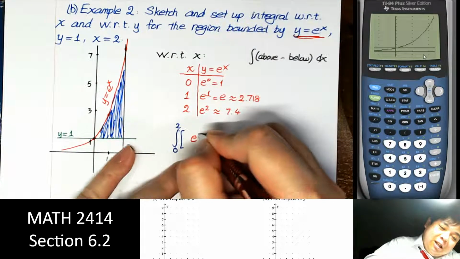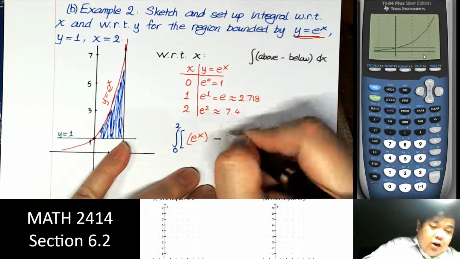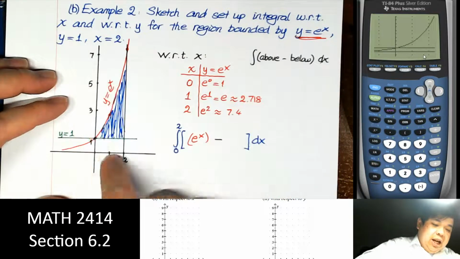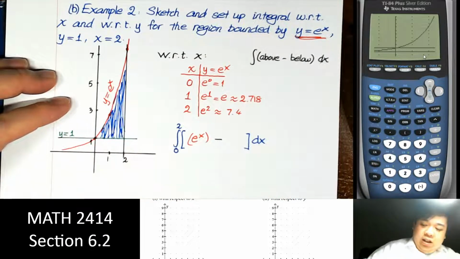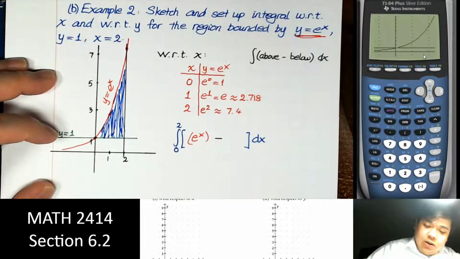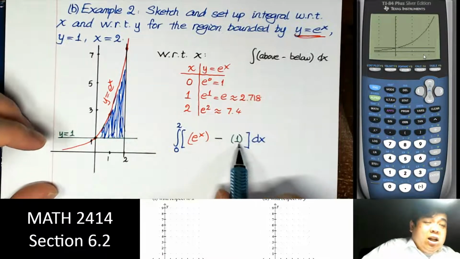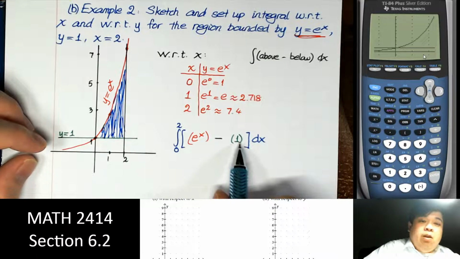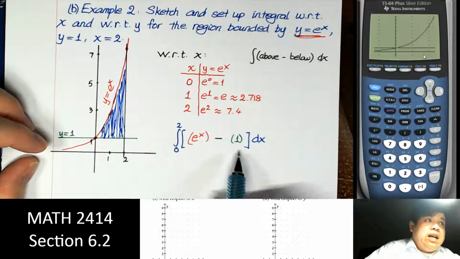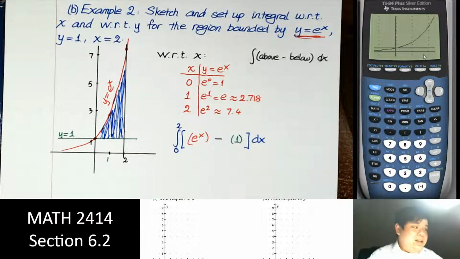That is the function above, minus the function below. Above is bounded by that curve, and below is bounded by this line, y equals 1. So just minus 1. It's a constant, which is perfectly fine. We cannot put y in here. If it is dx, everything in here has to be x. That's easy.